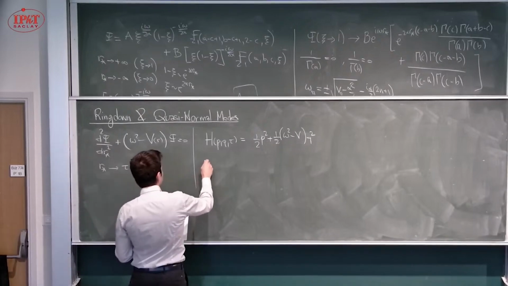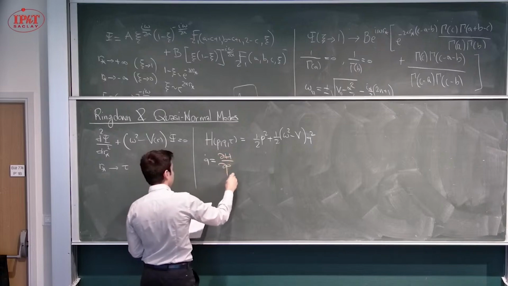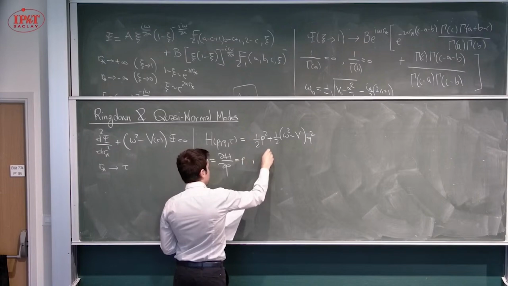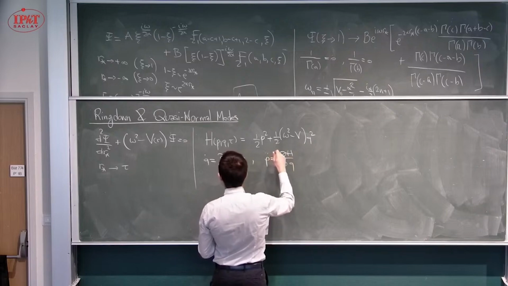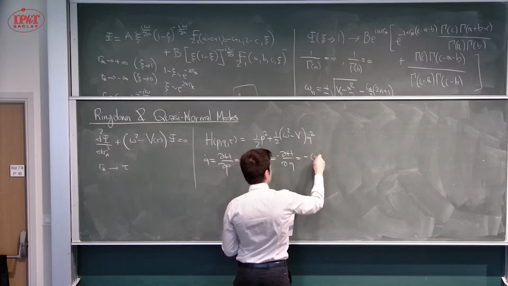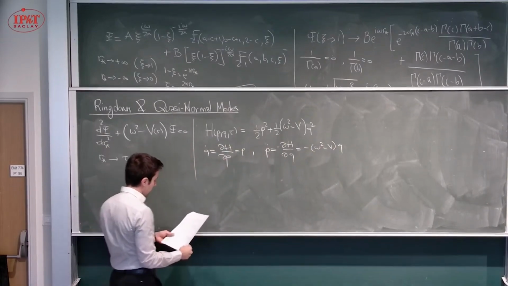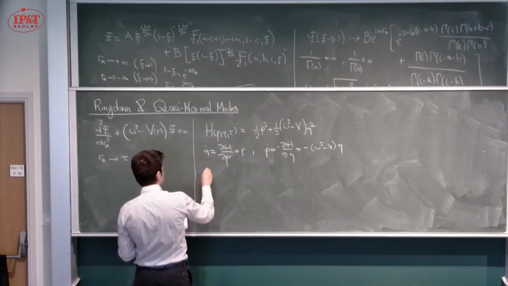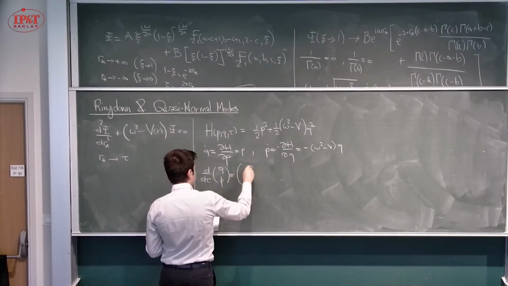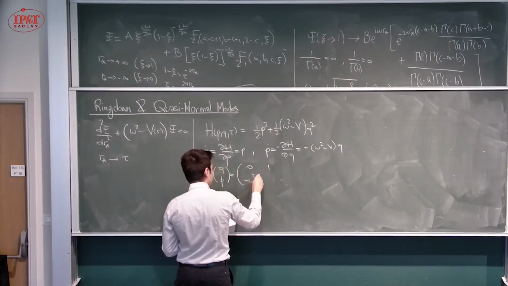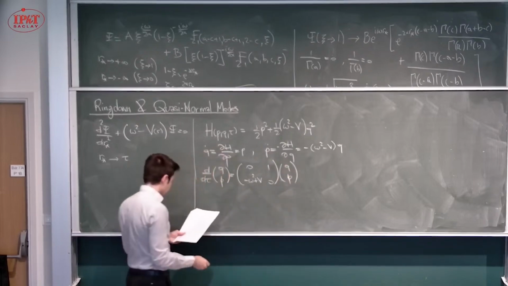You can check that Q dot is, as you know, the derivative of the Hamiltonian with respect to P, and P dot is minus dH over dQ, which is minus (omega squared minus V) Q. The equations can now be written as d over d tau of (Q, P) equals the matrix (0, 1; minus omega squared plus V, 0) times (Q, P).